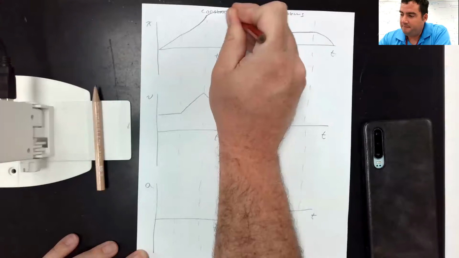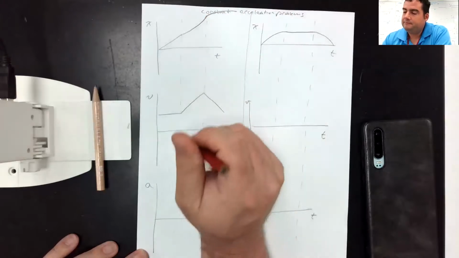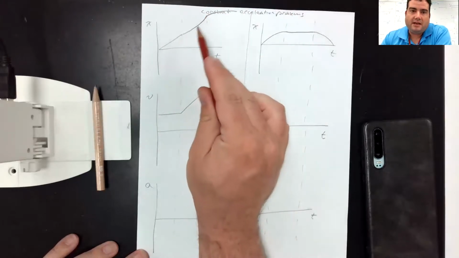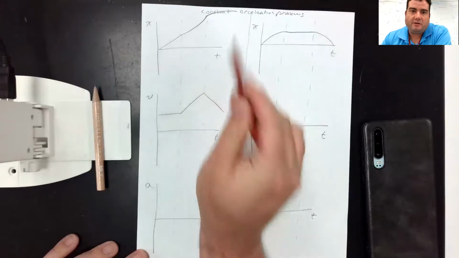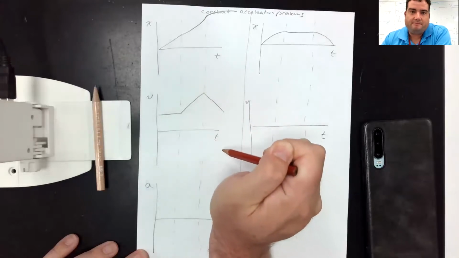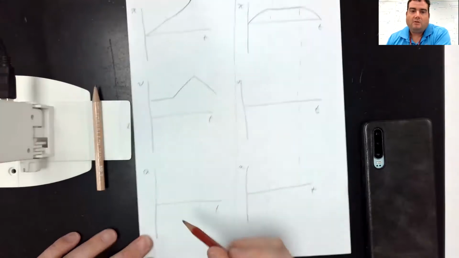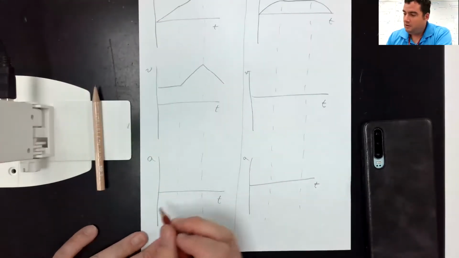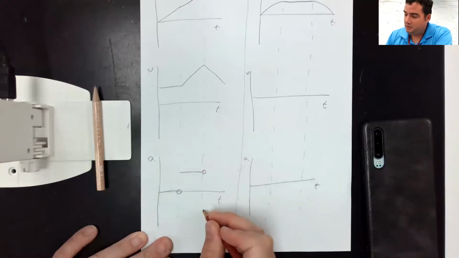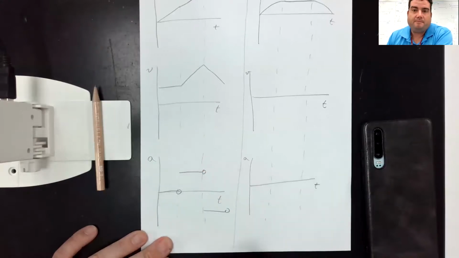So something like that. So constant, getting steeper, getting shallower. It never goes back in the other direction because we never get below this axis. What would our accelerations look like? No acceleration, positive acceleration, negative acceleration.